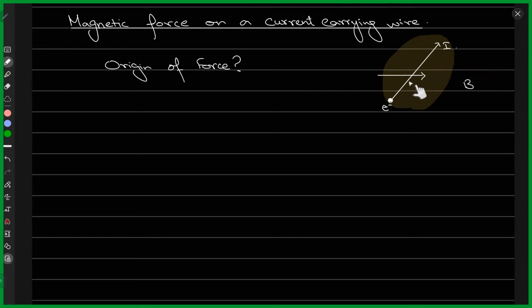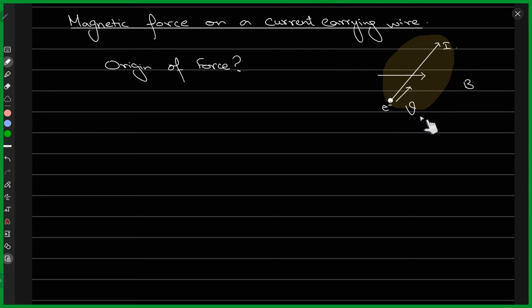Now, current in the wire is due to the movement of these electrons. And suppose that these electrons move towards the right, or in any direction, for example, suppose that they move in this direction. The electrons are moving, right? So they would carry some velocity.